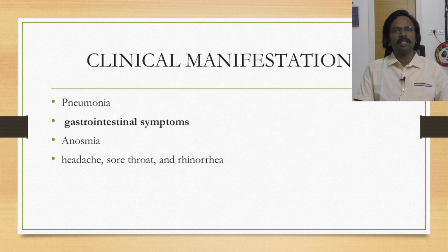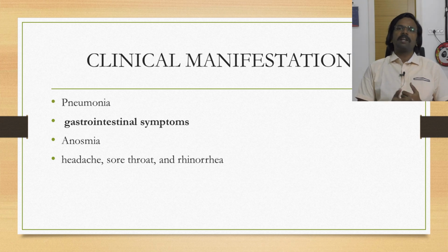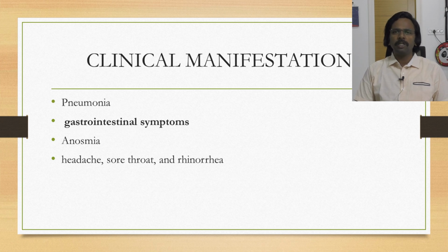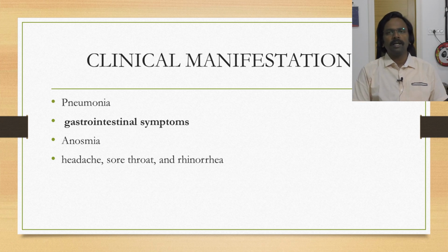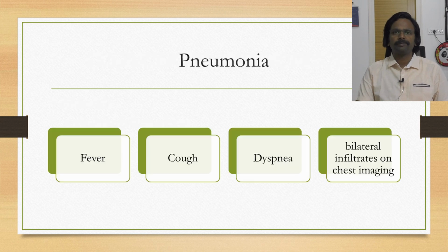And what are the clinical manifestations? The clinical manifestations range from pneumonia, gastrointestinal symptoms, and anosmia, and rare manifestations include headache, sore throat, and rhinorrhea. The symptoms of pneumonia are the same as for any case of pneumonia, which include fever, cough, dyspnea, and bilateral infiltrates on chest imaging.